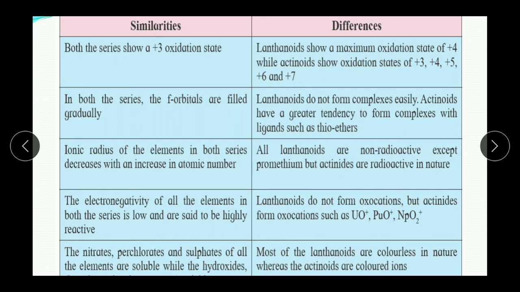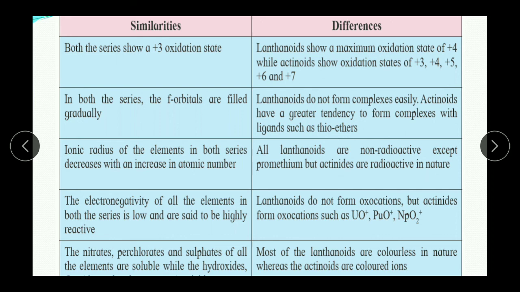Lanthanides do not form oxocations. Oxo, that is oxygen. Cations, that is positively charged ions. So, lanthanides do not form oxocations, but actinides form oxocations. Like uranium forms UO2+, plutonium forms PuO2+, and neptunium forms NpO2+, that is cation.